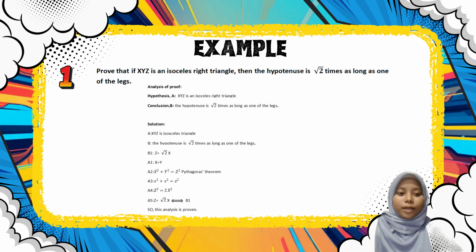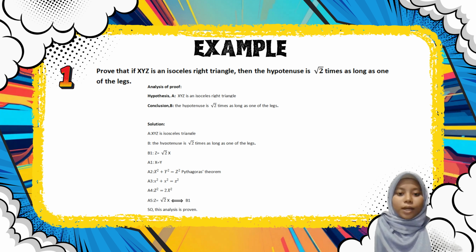For A2, using the Pythagorean theorem, we know that in any right triangle, x squared plus y squared equals z squared. For A3, because x is equal to y, we substitute y with x: x squared plus x squared equals z squared.